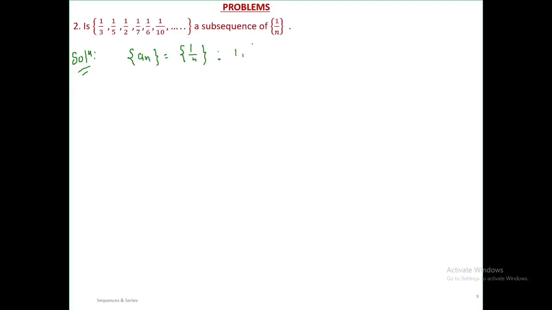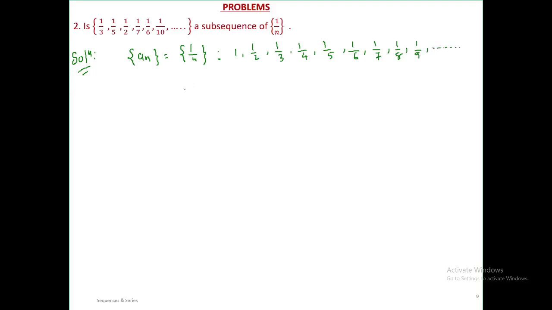So 1, 1 upon 2, 1 upon 3, 1 upon 4, 1 upon 5, 1 upon 6, 1 upon 7, okay, 1 upon 8, 1 upon 9, and so on. So these are the terms of the sequence, right?